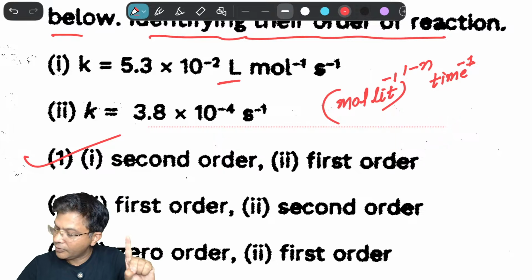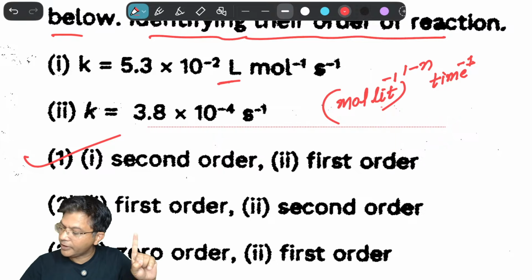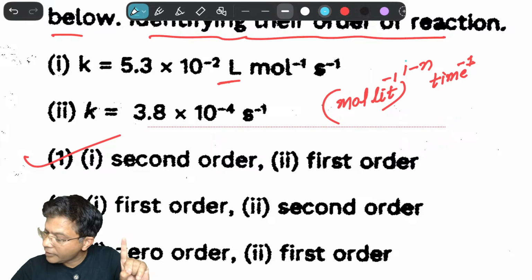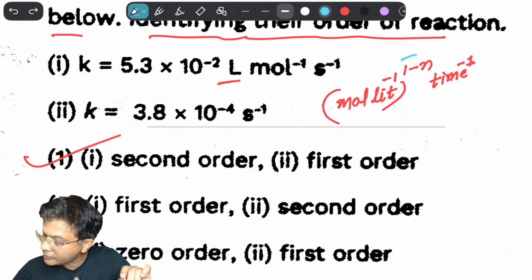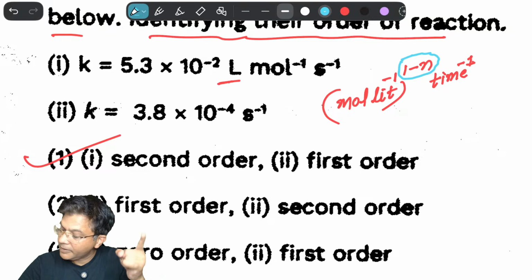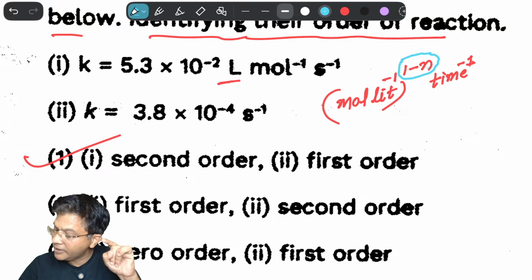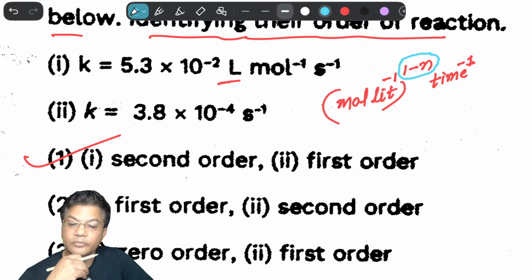So let me write it once again: moles per liter to the power 1 minus n, second inverse. Is it visible to all of you, kids? Now liter is becoming 1, that means 1 minus 2, minus 2, then 1 minus 0 also is not possible.